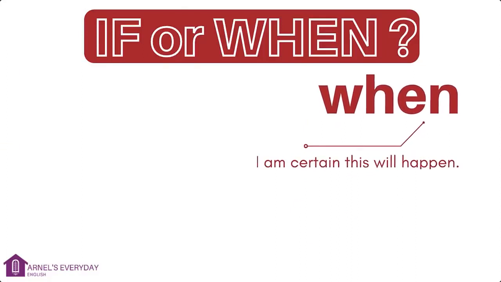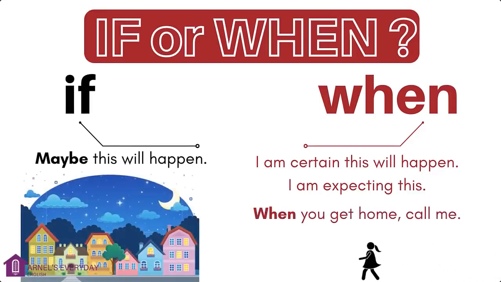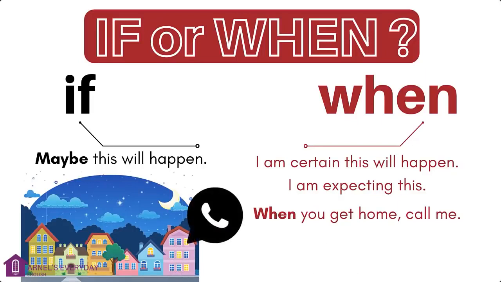When. I'm certain this will happen. I am expecting this. If. Maybe this will happen. When you get home, call me. In this situation, I'm expecting my friend to get home. Of course she's going home. We had dinner together, and now she's going home. We'll look at this again in the first conditional.